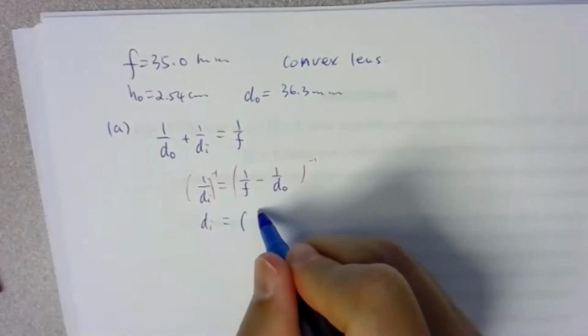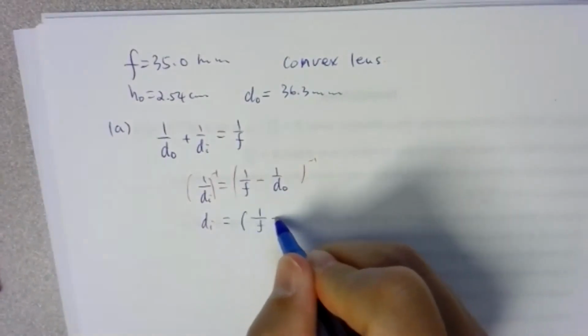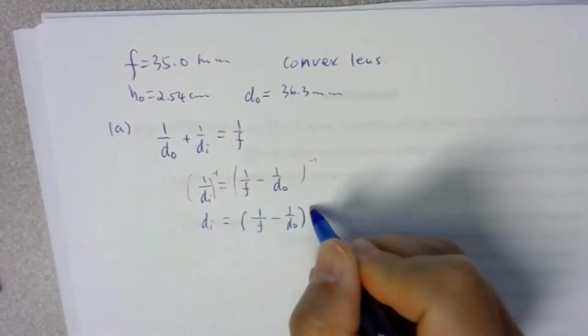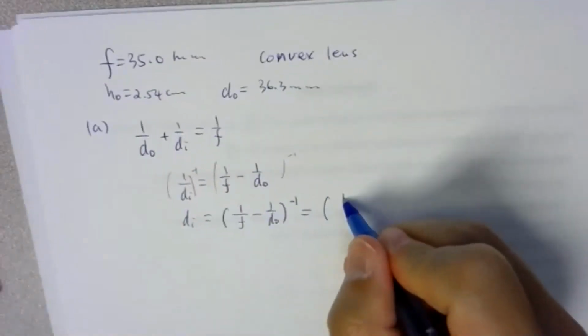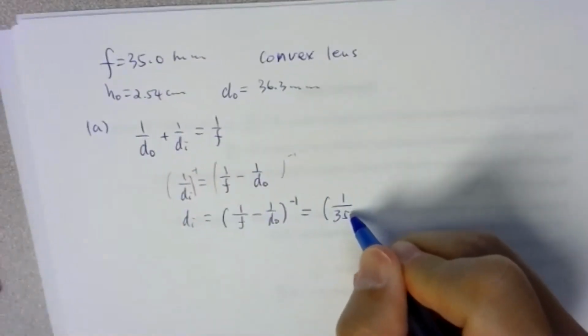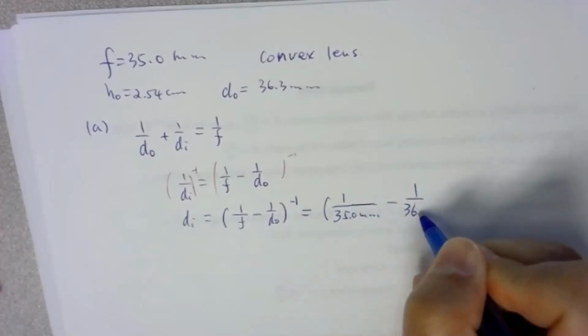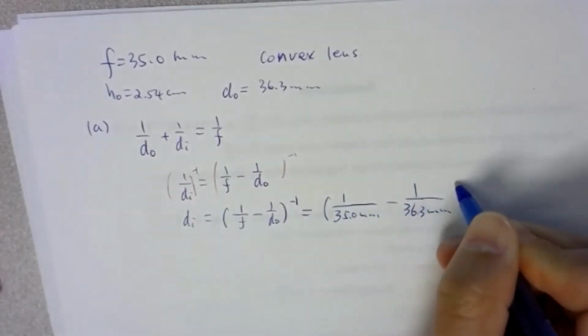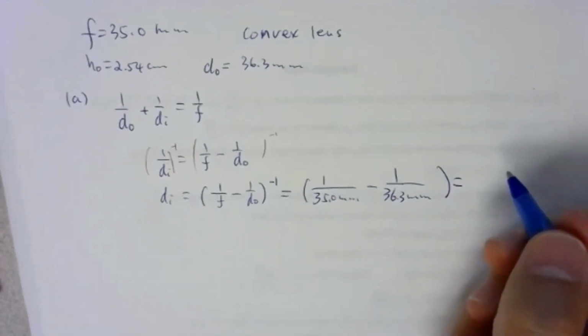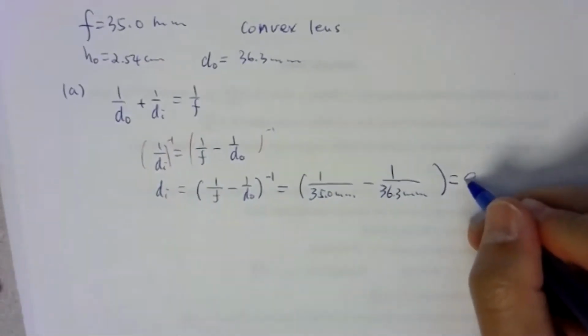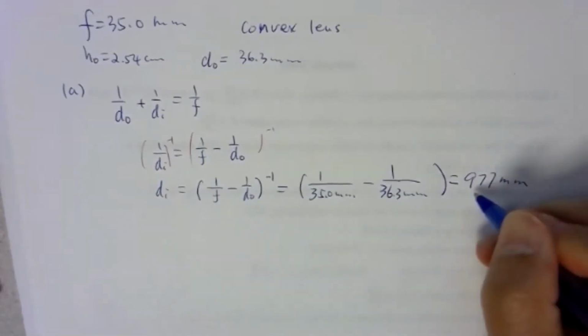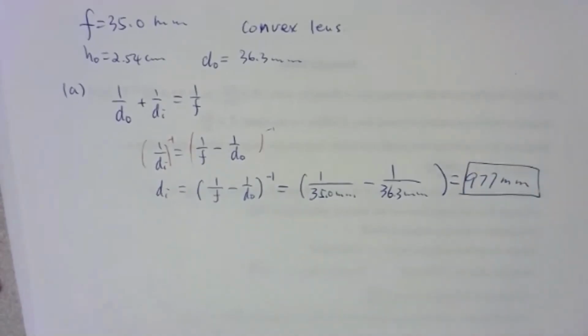So that will be DI equals (1 over F minus 1 over DO) inverse. Okay, so this is (1 over 35 minus 1 over 36.3 millimeters) inverse. It tells you this is going to be equal to 977 millimeters for your DI.